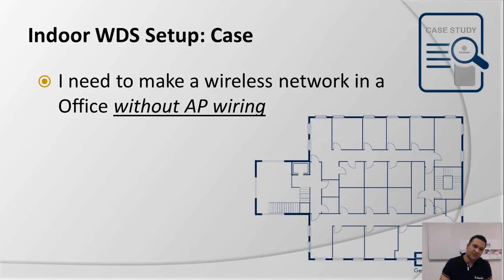In this case, I have a small office where I want to deploy a wireless network, but I only have the capability to have power. So I have an office where I want to make a network without AP wiring.